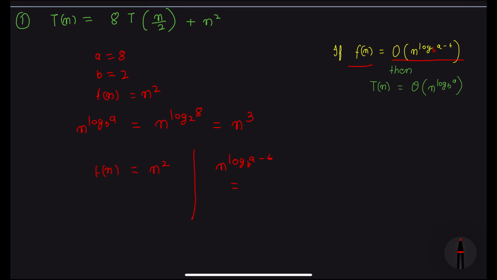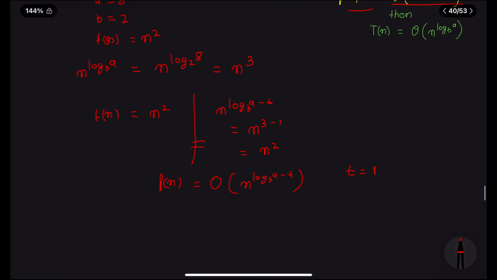This is equal to n cube, and we can take the value of t as 1, so this will be equal to n square, and you can see these two are equal, so we can say f(n) is equal to big O of n raised to the power log base b a minus t, where t is equal to 1. So we can write that the time complexity of this recurrence relation is equal to theta of n raised to the power log base b a, which is equal to theta of n cube.